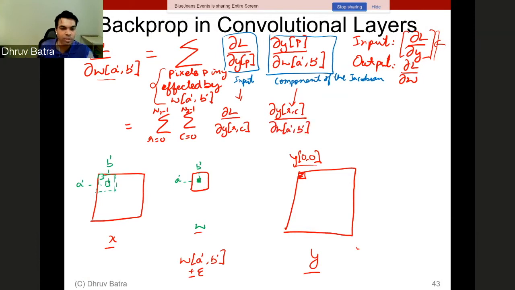And that question is really asking, just like we did for this w0 comma 0, if I picked some pixel r comma c, in order to compute it, I would go and place this filter at the r comma c location, and I would ask, as I make changes to w a prime comma b prime, how does y r comma c change?